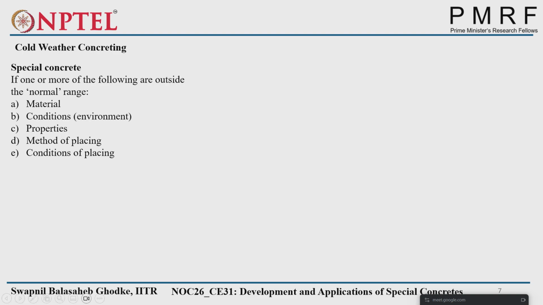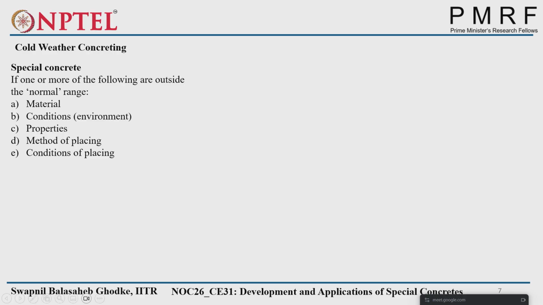If any type of concrete, in terms of material, conditions, environment, properties, or method or condition of placing, goes beyond its normal range, that type of concrete is called special concrete.